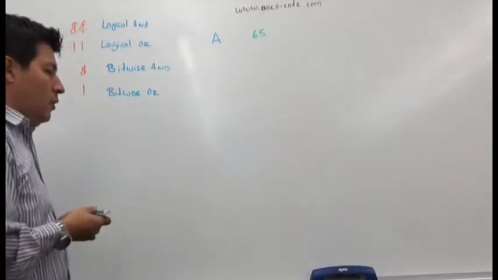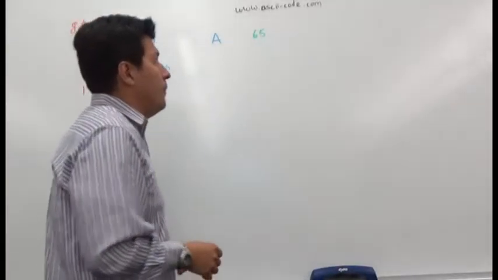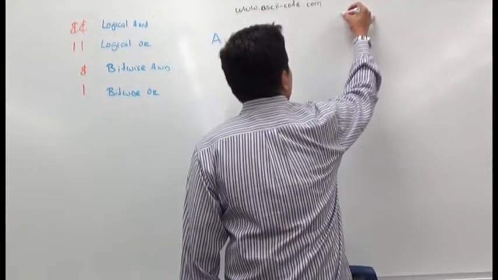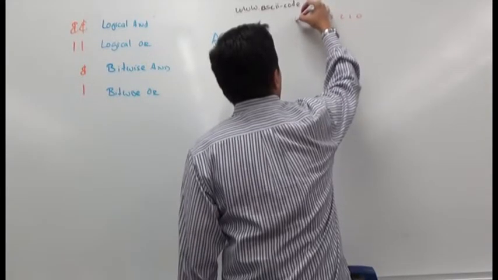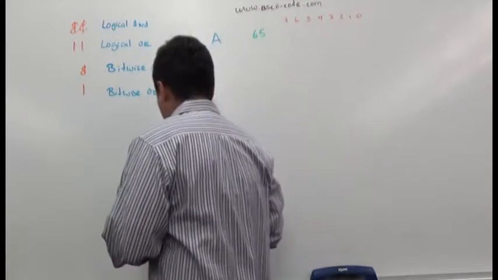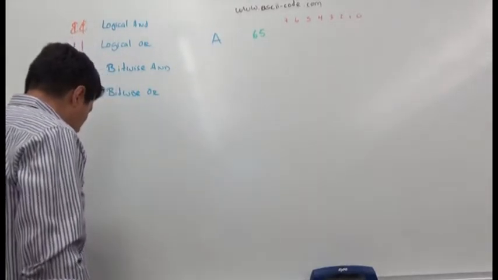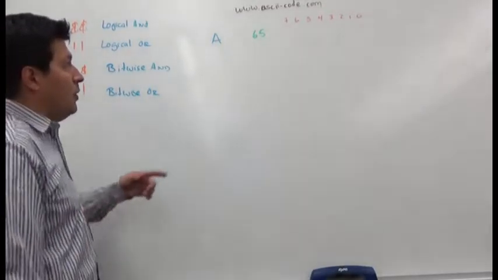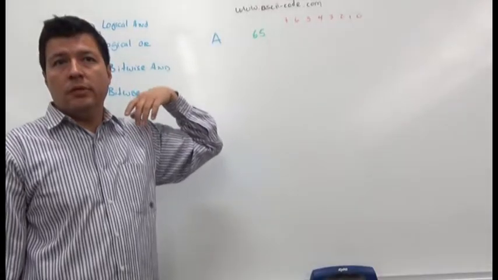Right? So 65 in binary, well, let's do our how do we convert 65 into binary? So this is really easy, right? So what's the power of 2 closer to 65 without going over? 64, right?